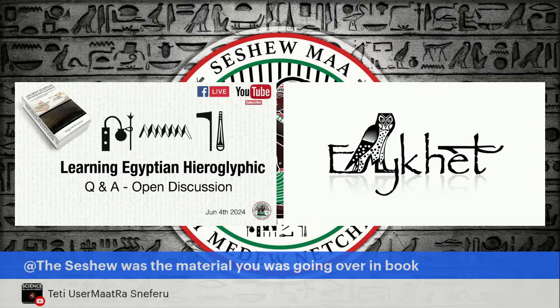You have the invocation itself, Hotep Di Nesu. Then you have the deity or deities involved. Then you have a list of items as the offerings itself. Then you have the person who receives them, the beneficiary of the offering.